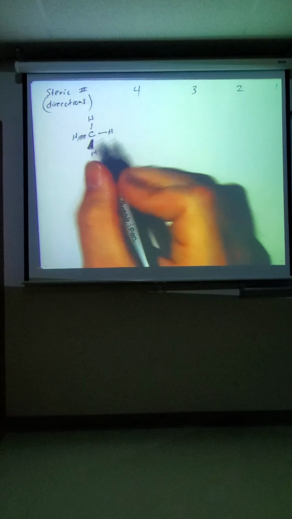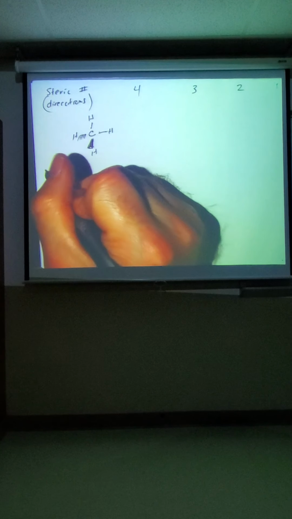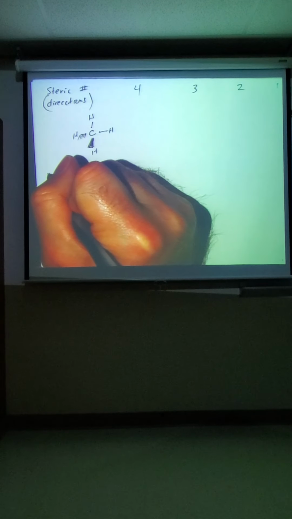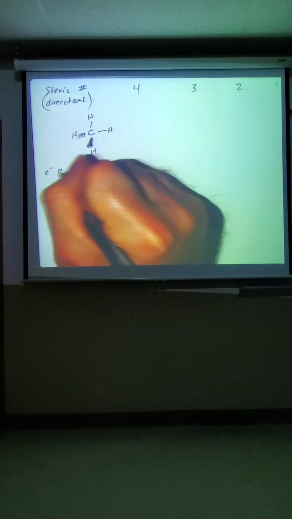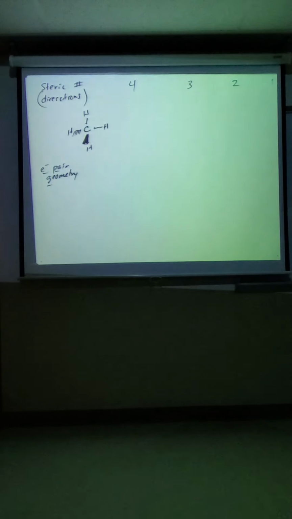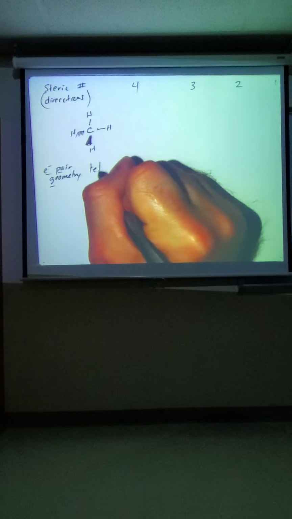But we do have these 4 directions, and we have 2 ideas to worry about. One is called the electron pair geometry. Oftentimes we would say EPG for this, and that's tetrahedral.